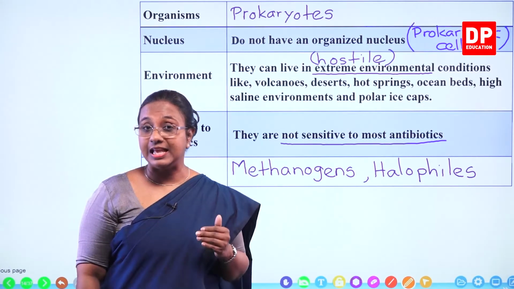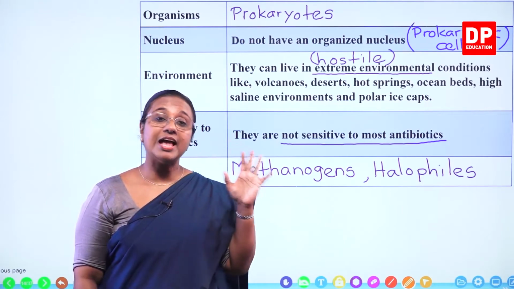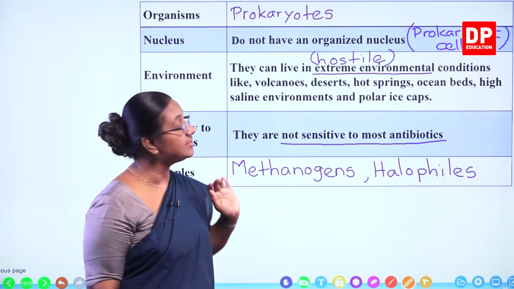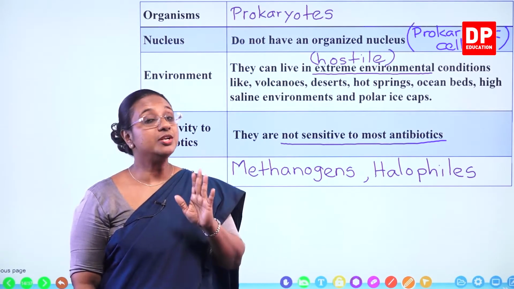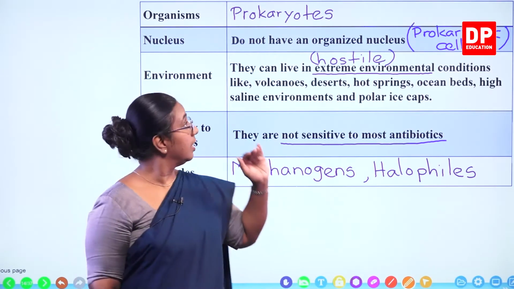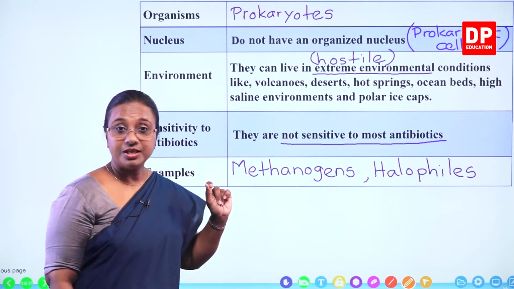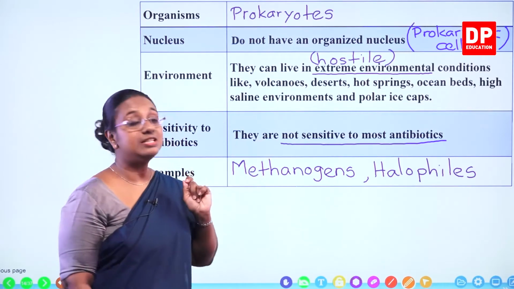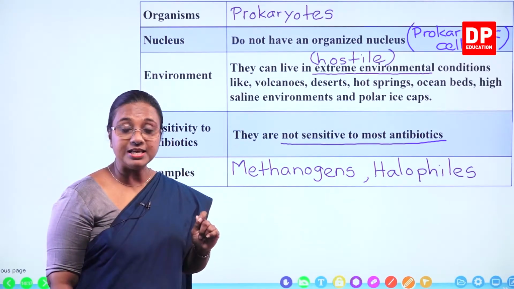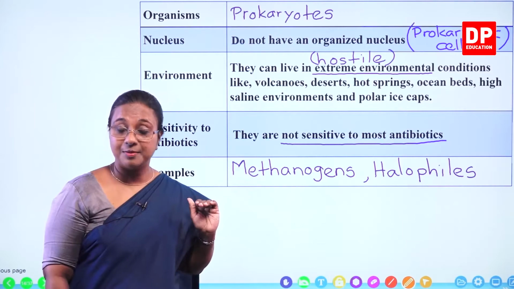They evolve methane gas. From that you can have an idea of what these organisms are. This is all that you need to know for Domain Archaea: what they are, the prokaryotic cell organization, where they can live, their sensitivity to antibiotics, and also the examples.